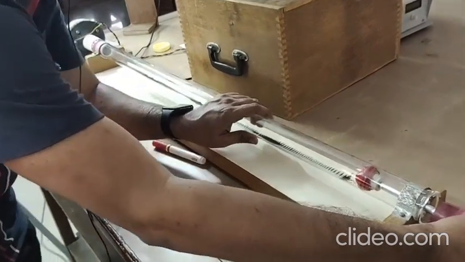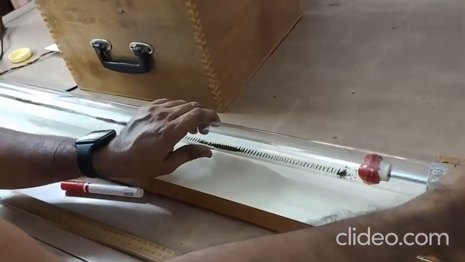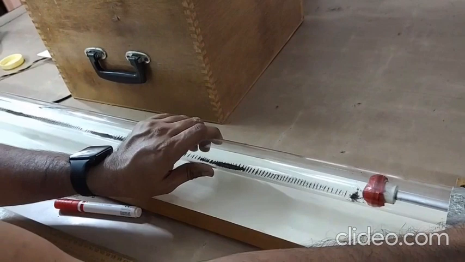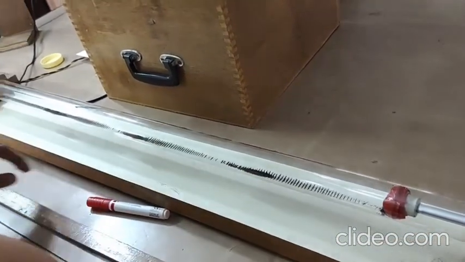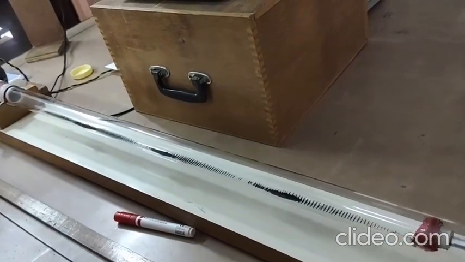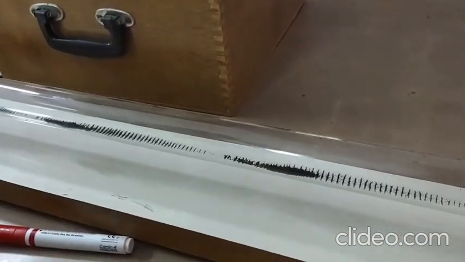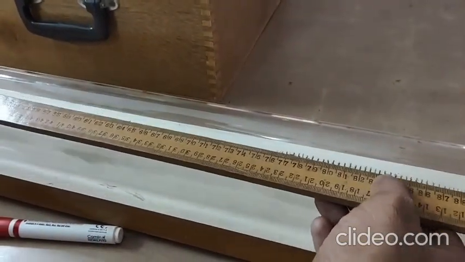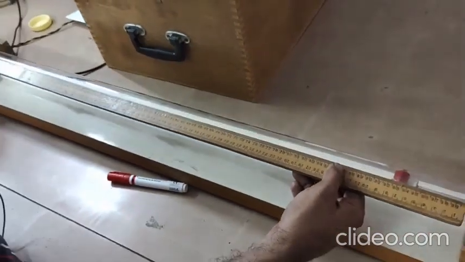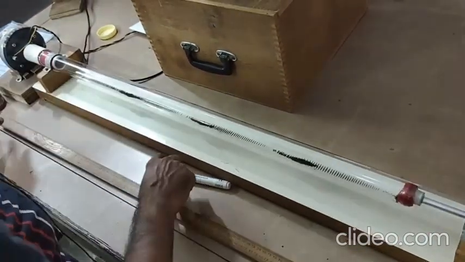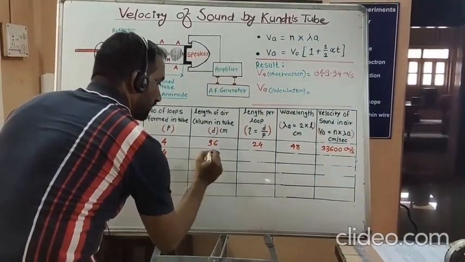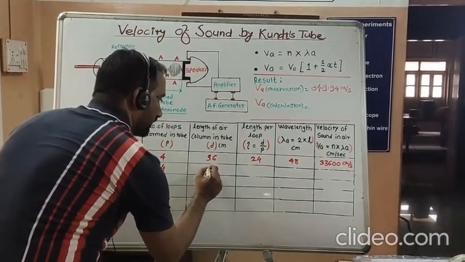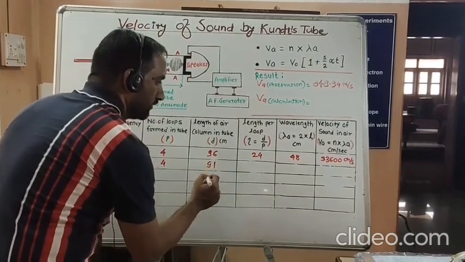So at this position, yes, here the particles vibrate with the maximum amplitude. The number of loops is 4. The total length of the air column is about 91 centimeter. So I am writing here number of loops are 4, length of the air column is 91 centimeter.